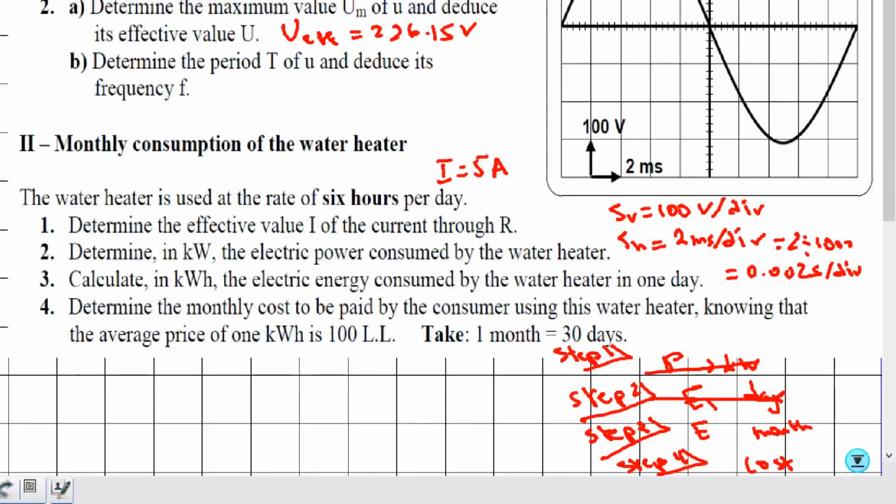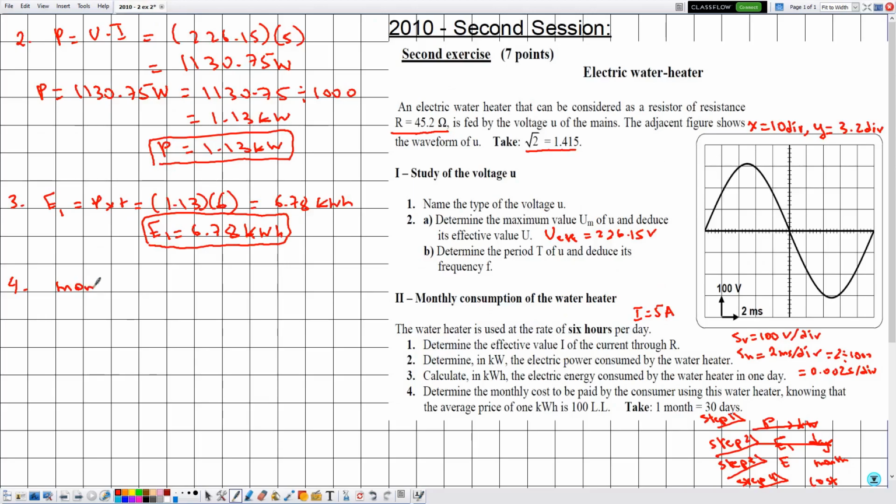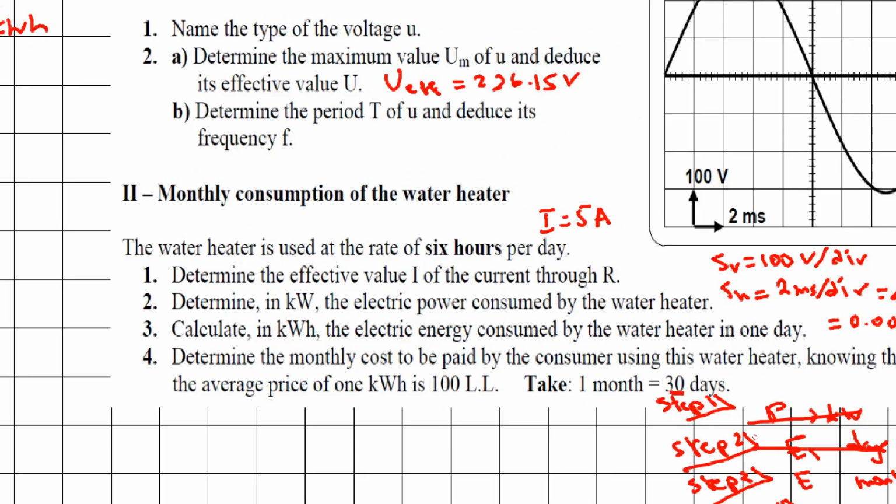So in order to determine the monthly cost, which corresponds to step number 4, we need first to determine the monthly consumption. Then let's determine the monthly consumption, denoted by E, which is equal to E1, the energy consumed per 1 day, times the number of days, which is equal to 6.78 multiplied by 30, because the number of days is 30.